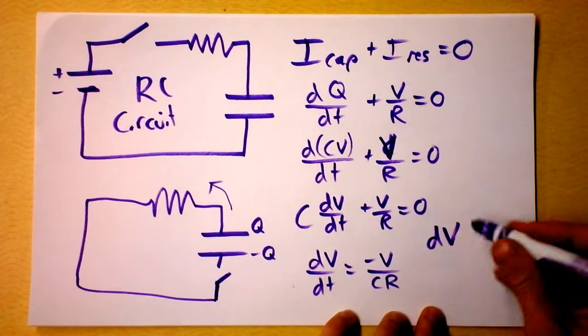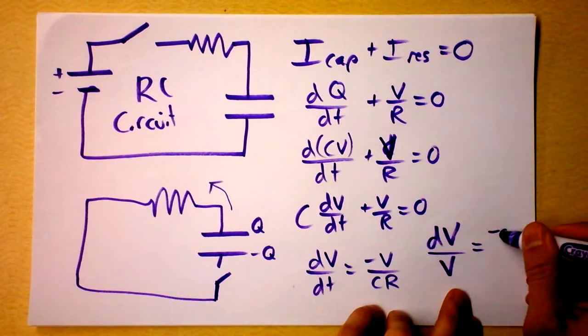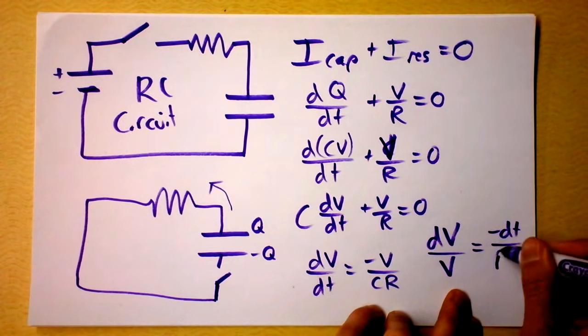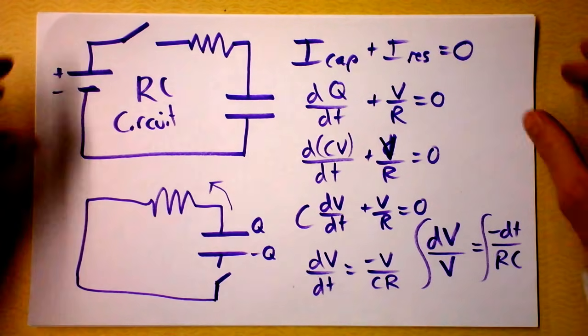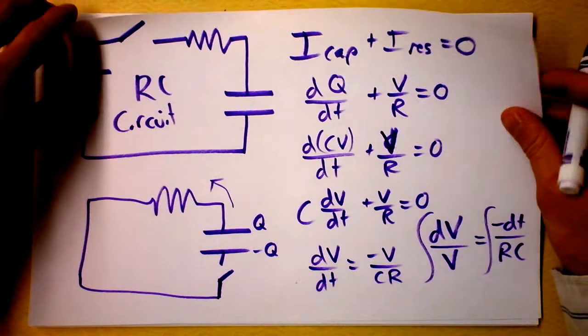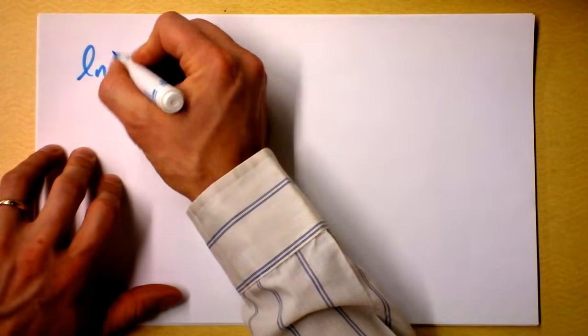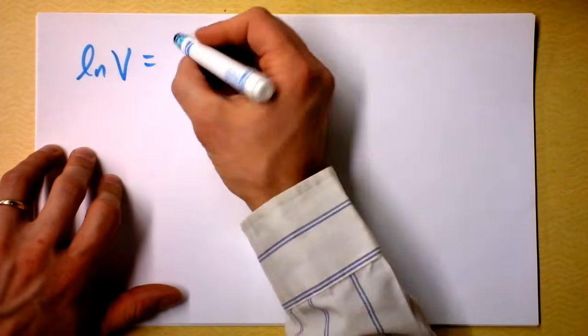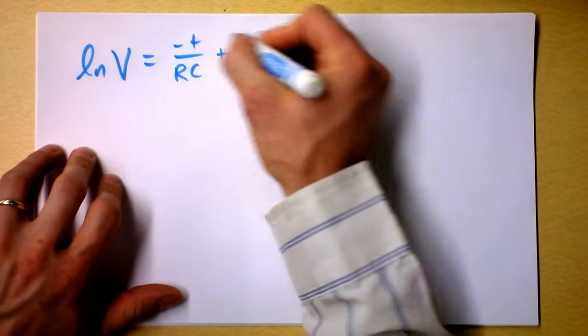I think I'll get dV over V is negative dt over RC, and I think I'll integrate both sides of that equation right there, leading to a lovely integral that says that the natural log of voltage is, well, negative t over RC plus some constant.